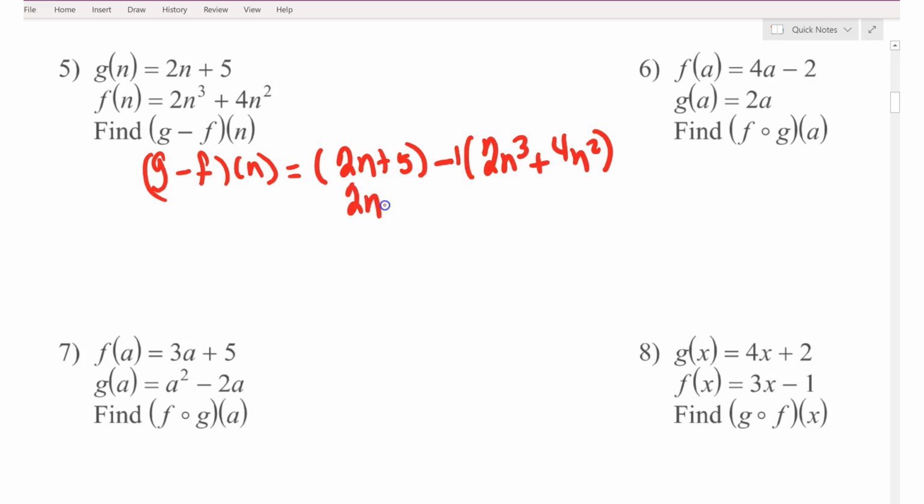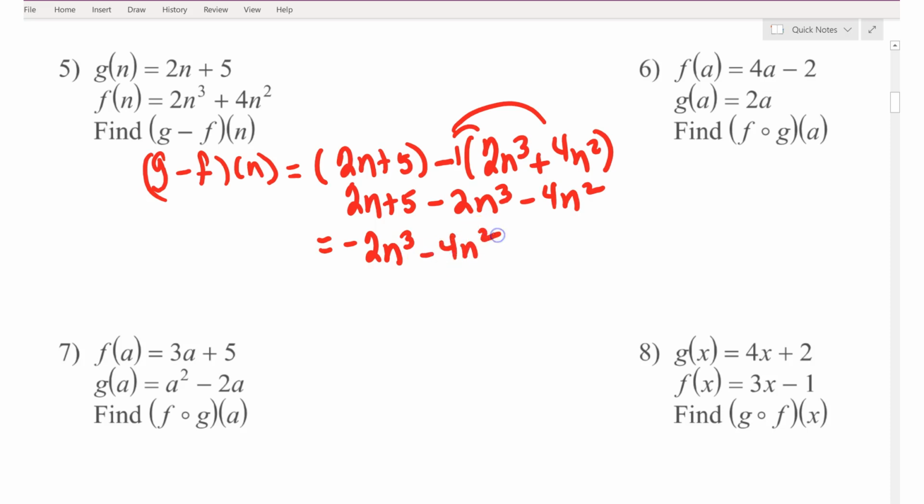So we have 2n plus 5, distribute the negative 1. So negative 2n cubed minus 4n squared. You always want to look for the highest exponent. In this case, it's negative 2n cubed minus 4n squared plus 2n minus 5.